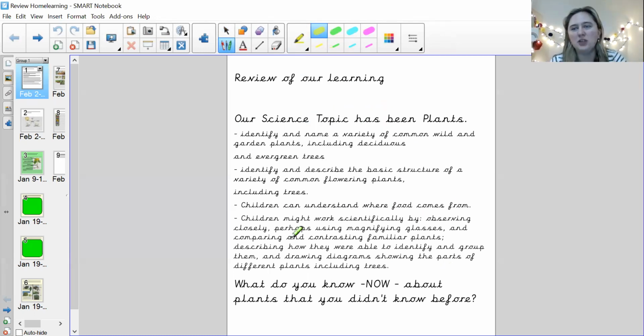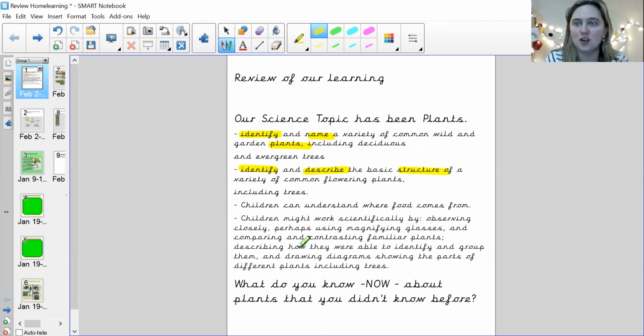These are all the objectives that we've covered this term. We need to be able to identify and name a variety of common and wild plants, including deciduous and evergreen trees. We need to be able to identify and describe the basic structure of a variety of common plants.